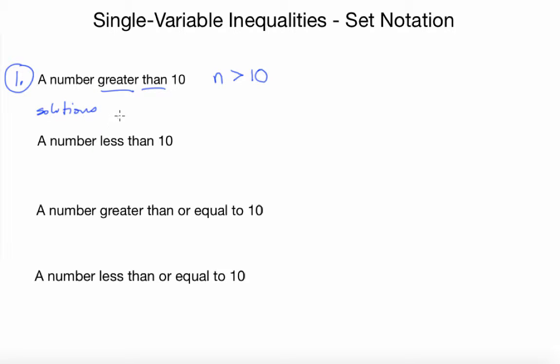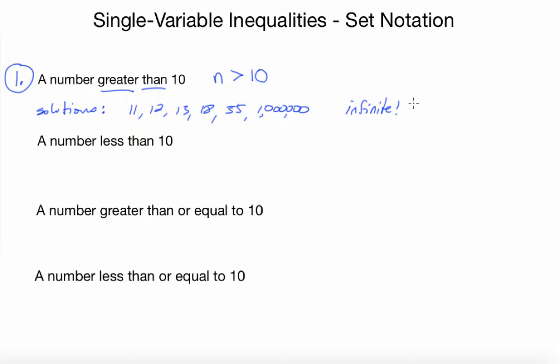Well, all the numbers greater than 10 are 11, 12, 13, 18, 55, 1 million. There's a lot of solutions, right? And in fact, there are an infinite amount of solutions.